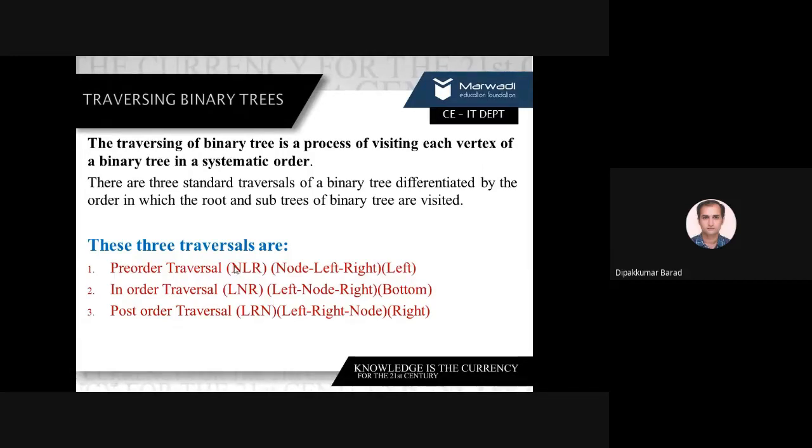So we are visiting in this order, N, L, R: from N, the parent, to the left child, to the right child. In-order traversal we have L, N, R: left child, then parent, and then right child. And post-order traversal: left child, right child, and then parent. So these are the three orders of traversal in a binary tree.